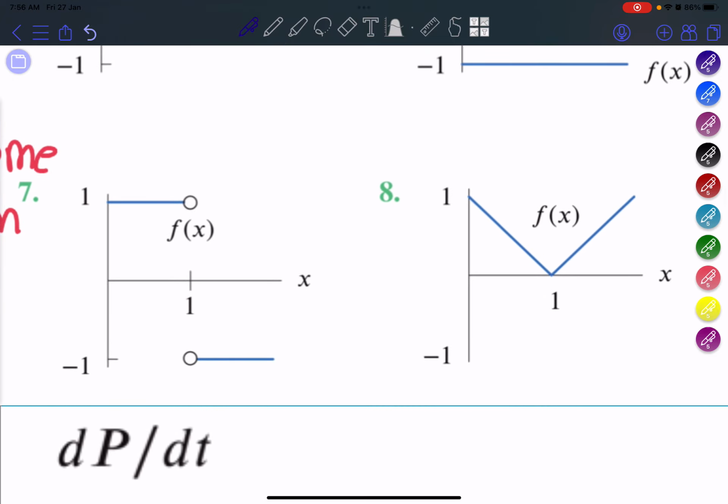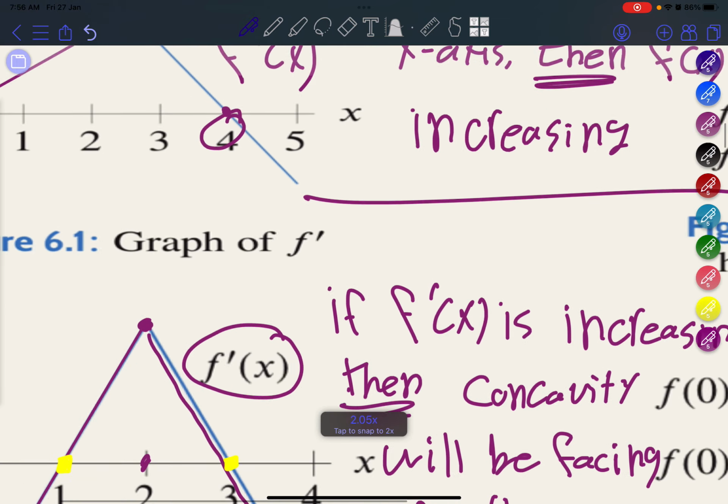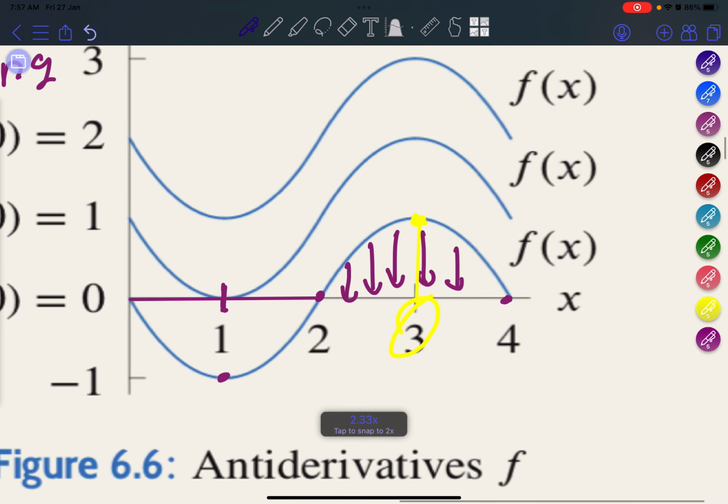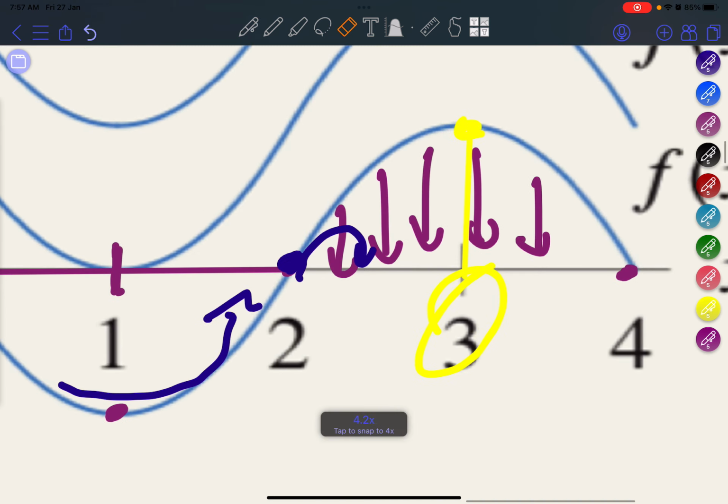Here's an interesting question. Actually, before we discuss this, let's discuss the inflection point that we find at 2, because I said we have a name for 2, which is the inflection point. We see that the function transfers from concaving up to concaving down. You see, it's just in the middle between these two.